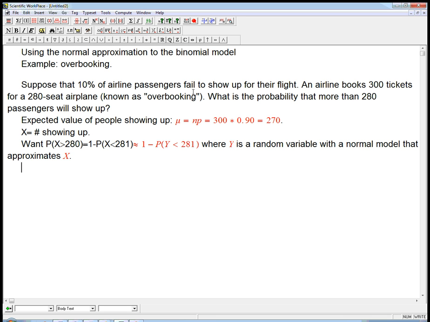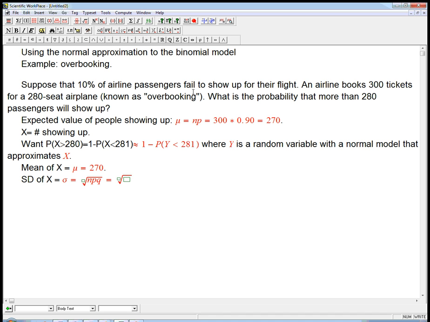How do we find that? Well, the mean of X, mu, we know is 270. We also know that the standard deviation of X, which I haven't made a video about yet but might, is sigma, equal to the square root of npq.